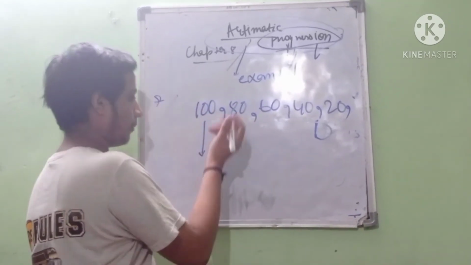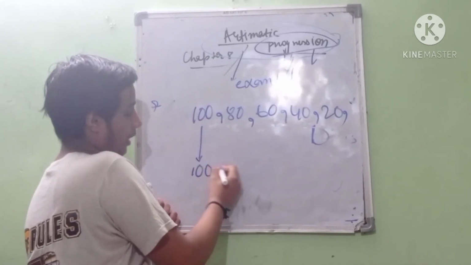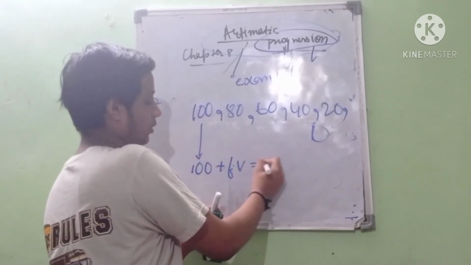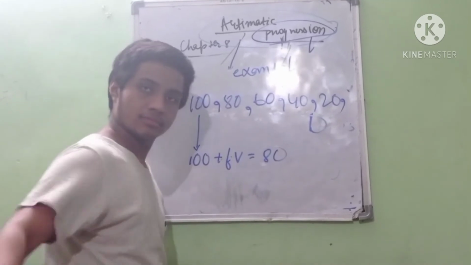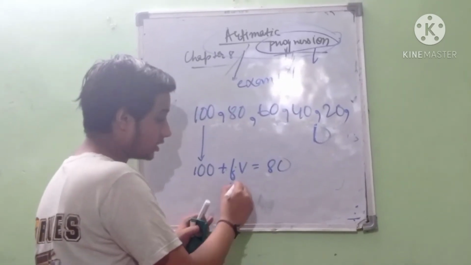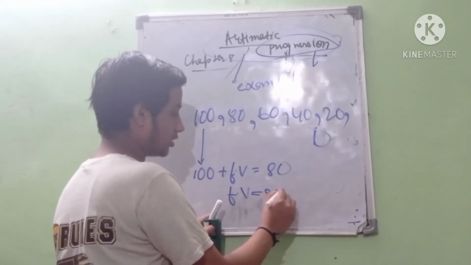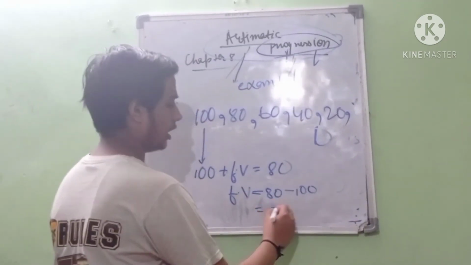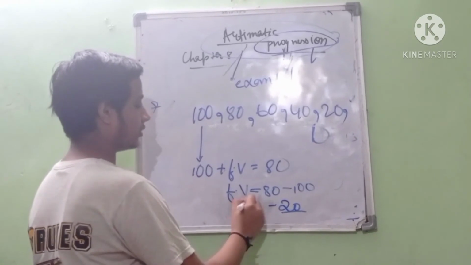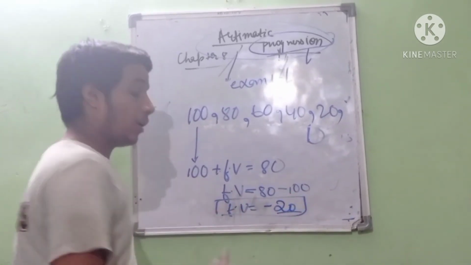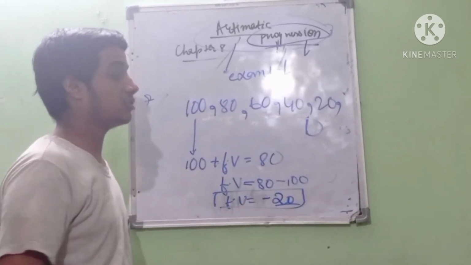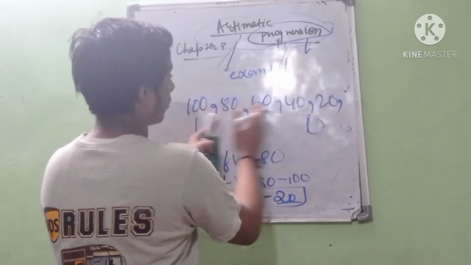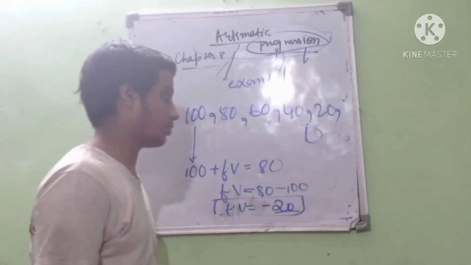So, for example, 100 plus fixed value is equal to 80. So fixed value is equal to 80 minus 100. Oh, such a difficult job it is. It is minus 20. Hence, minus 20 is the fixed value that we add to this number to make the progression.